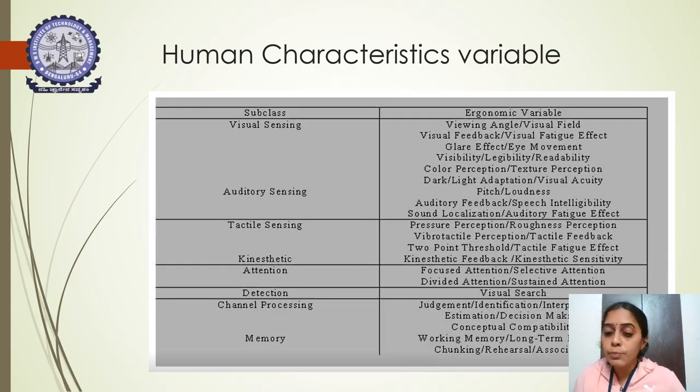Each and every part of human behavior and thinking cannot be embedded into a robot, and hence you should be able to identify the human intervention and the characteristics that are needed, which play a vital role in any product design to a great extent.